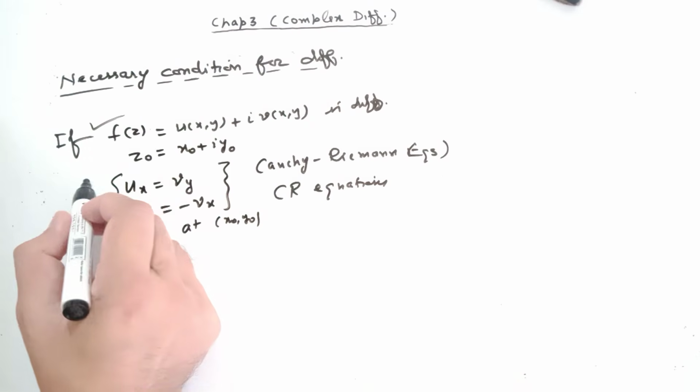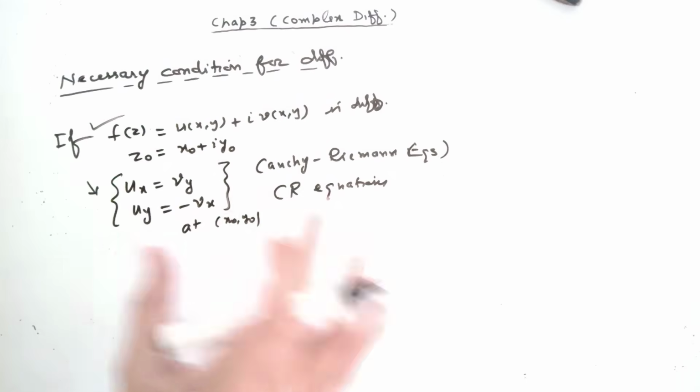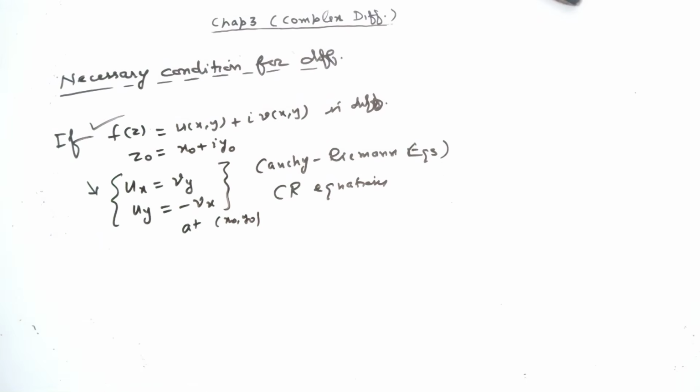If this happens, it is implied always. If it is not implied, it means it cannot be true. That's why it's necessary condition. So this will help you in testing the functions which are not differentiable. For non-differentiability, you can apply this test.